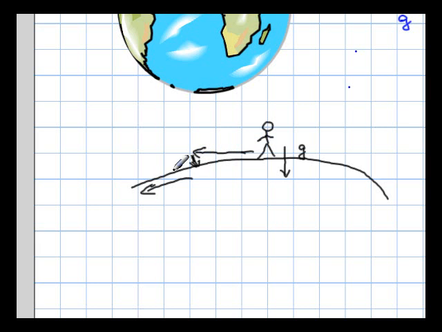So the faster we're rotating, the faster we're moving here, the larger that centripetal force needs to be, and that takes away from our local acceleration due to gravity, and that's why where we're rotating faster, the translational speed being faster at the equator, that value is yet a little smaller.